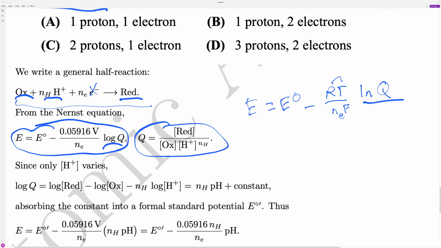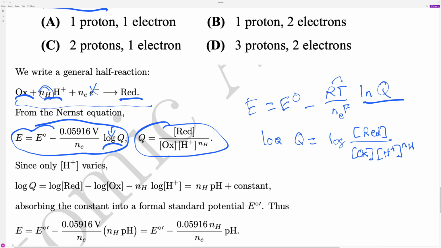We can see from here, using log rules, that we have log Q, which is going to equal log of the concentration of the reduced species over the concentration of the oxo anion over the concentration of H+. And that's going to actually be to the power of NH, since we don't know how many moles we have. So I've used NH as a constant here.